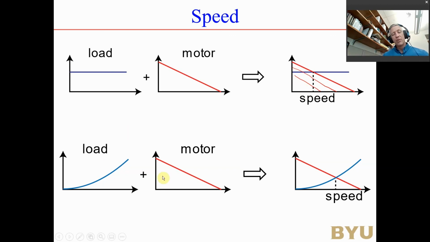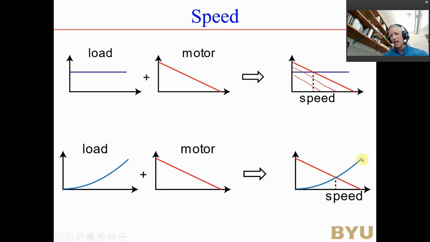Now, if I go down to a quadratic relationship, this is my load. My load is going to have a torque speed relationship that looks like this. The faster I go, the more torque it is taking. And again, if my motor is a linear DC motor, it looks like this, and I get this speed.